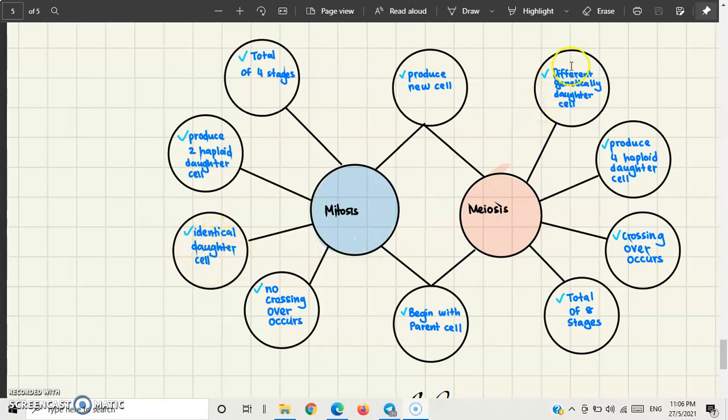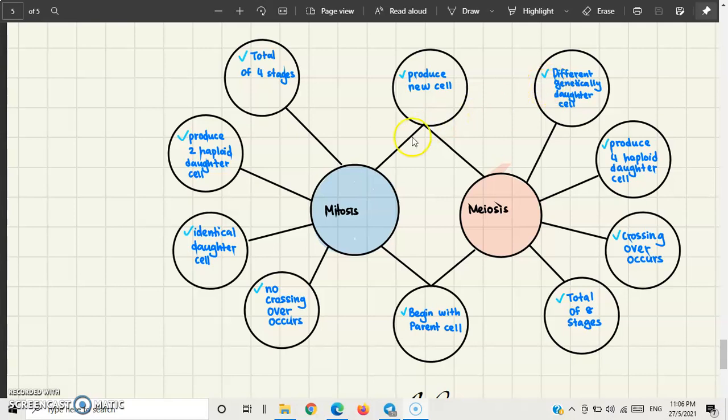But in meiosis, it will produce daughter cells which are genetically different. Why is it different? Because of the crossing over, whereby the genetic material is exchanged between the non-sister chromatids.